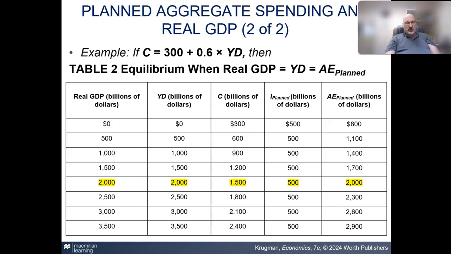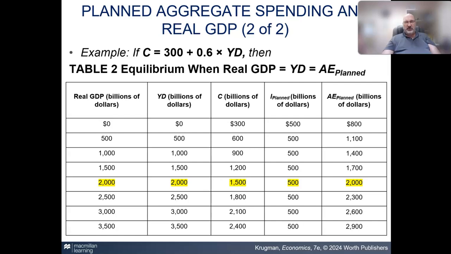So if we go down this piece where real GDP is at 0 and AE is at 800, we are spending way more than what we're producing. So we, the people, are buying more stuff than what is being produced. What that means is the firms need to produce more.